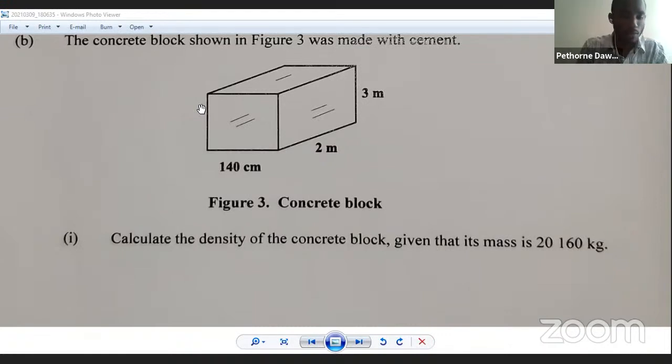It's like 71,842.85714. So I rounded it off to one decimal place. So that is 71,842.9. Now the unit, of course, is the unit of the force divided by the unit of the area, which is the Newton per meter squared.